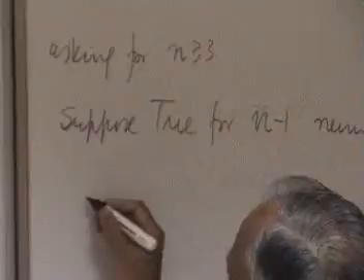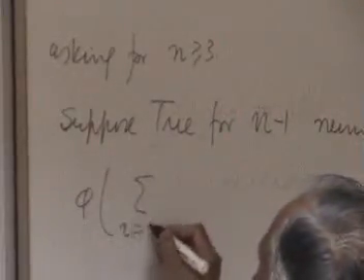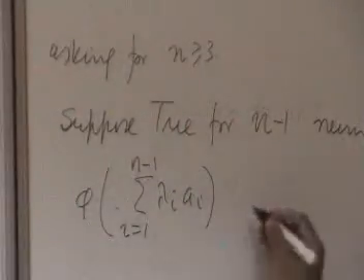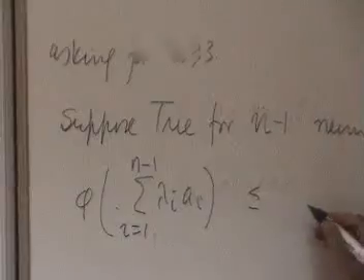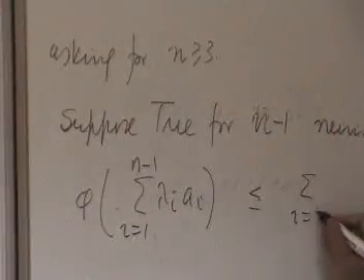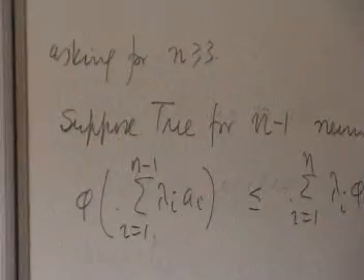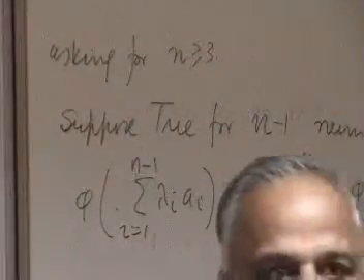What does that mean? Phi of summation i equal to 1 to n minus 1 lambda i ai is less than or equal to summation i equal to 1 to n minus 1 lambda i phi of ai. Suppose this is true for n minus 1 numbers.